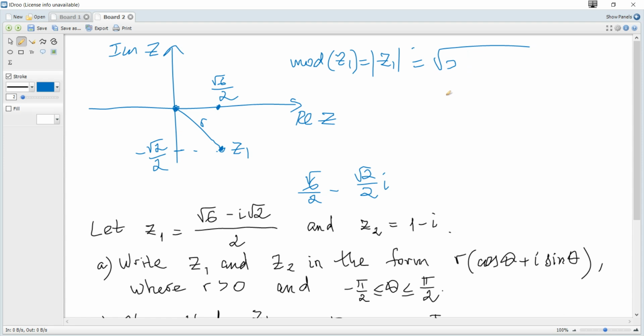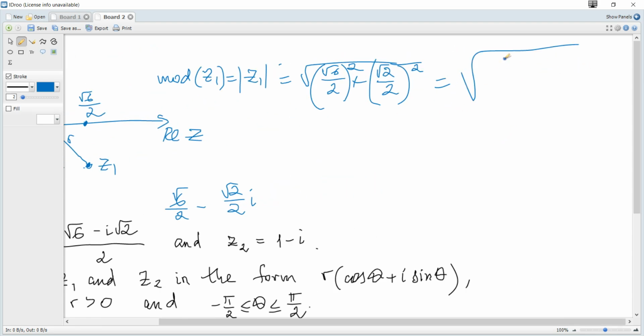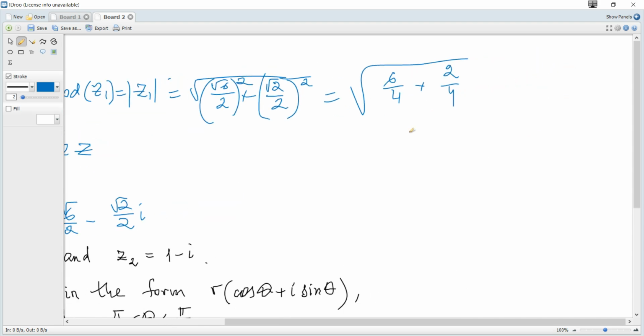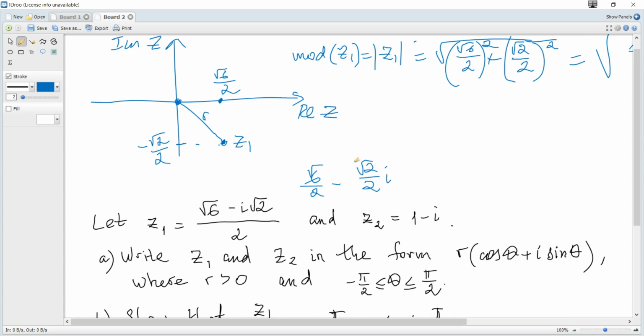So it becomes root of root 6 over 2 squared plus root 2 over 2 squared, which is the square root of 6 over 4 plus 2 over 4, which is 8 over 4, and the root of that is root 2. So this distance is root 2.